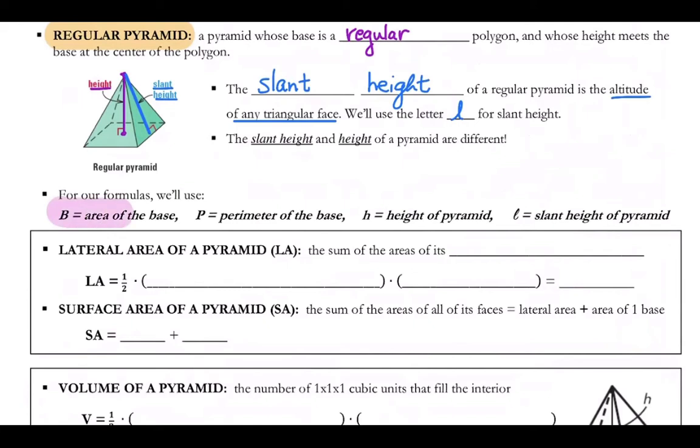So we have formulas that we'll be using here, and the variables that you'll see in your formulas will be capital B is the base area, capital P is the perimeter of the base, h is the height of the pyramid, and then what's new is the cursive lowercase l means slant height of the pyramid.